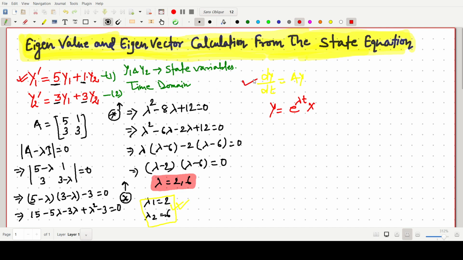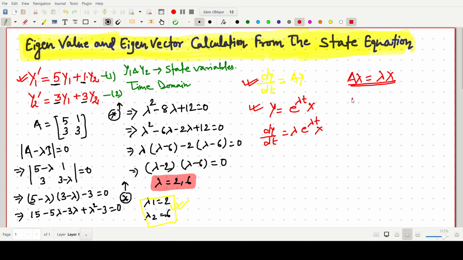If this is a first order differential equation, then y should be e to the power lambda t x. If we differentiate with respect to t, it should be lambda e to the power lambda t x. So we can say A times x equals lambda x.